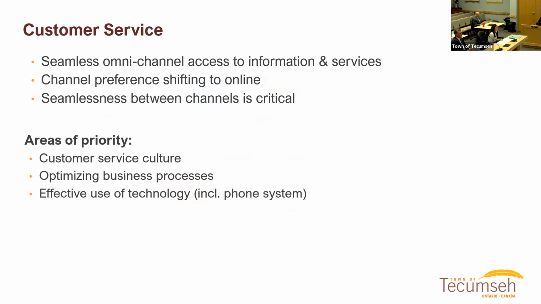Key areas of priority continue to include fostering a customer service culture, optimizing business processes, and effective use of technology, which includes the phone system, which is a great segue into our next slide.